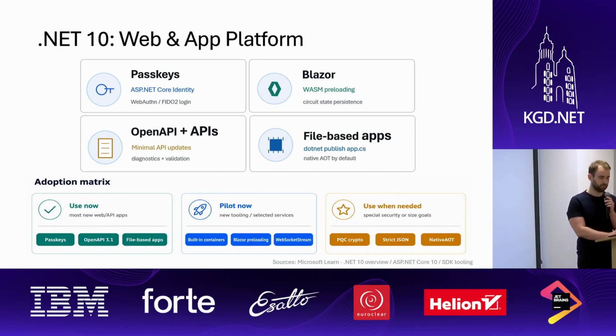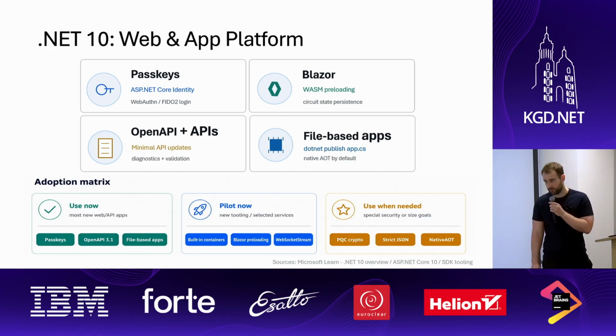Well, to be honest, I still prefer Dockerfiles. So Blazor preloading and WebSocket stream, if you can measure the benefit, you sure can use it. Use when needed, it's called.